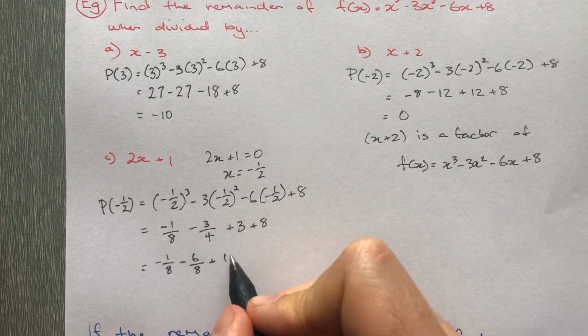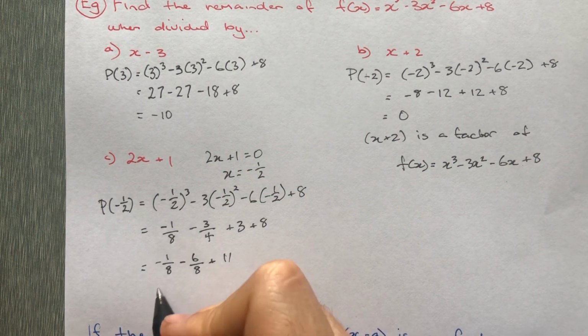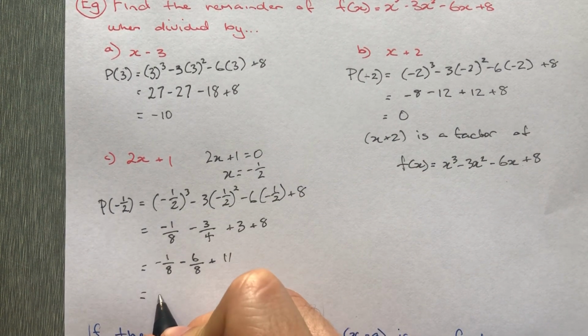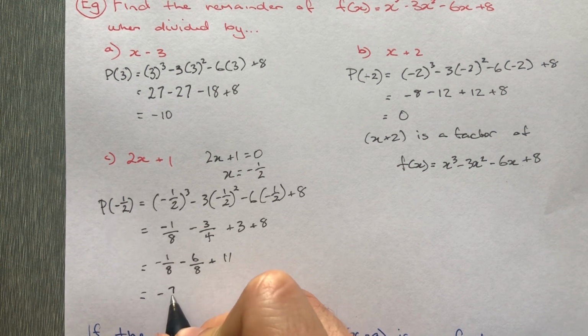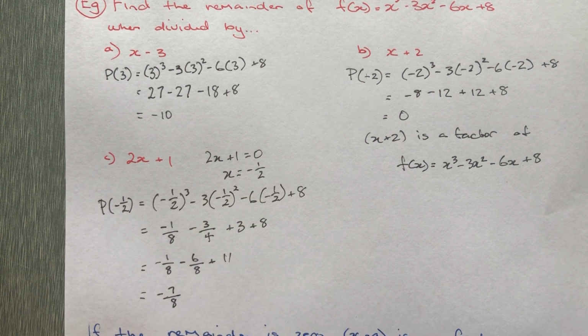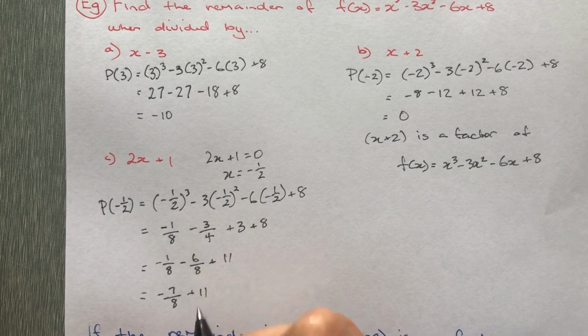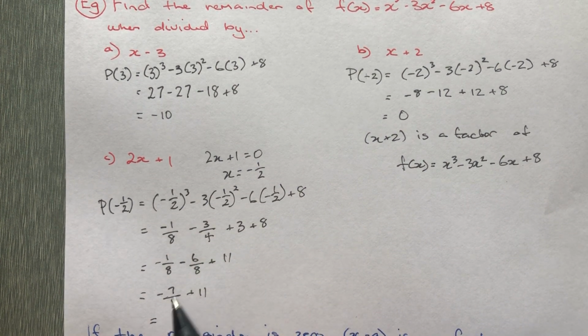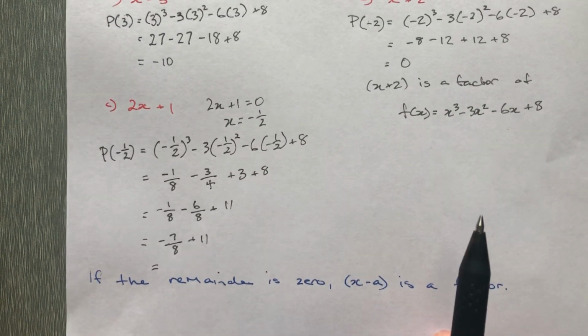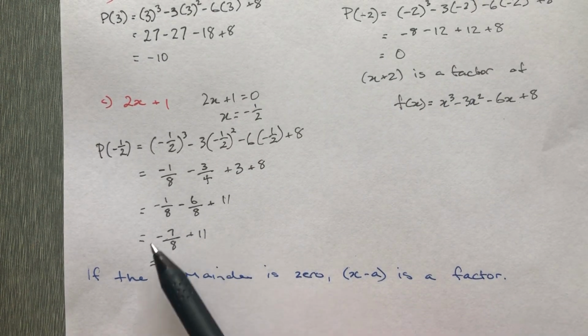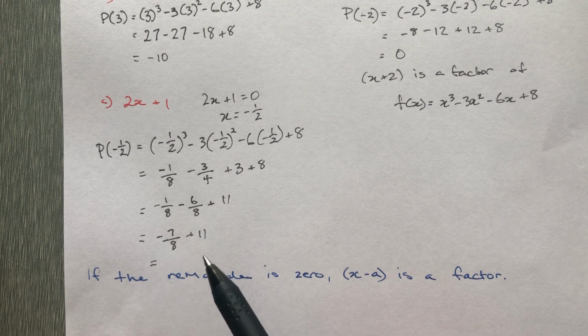We can just put these together. Got minus 7/8 after putting those two fractions together. Now we should put these numbers together as well. So again, we need to make sure the denominators are the same.